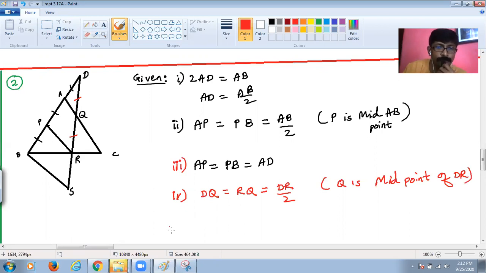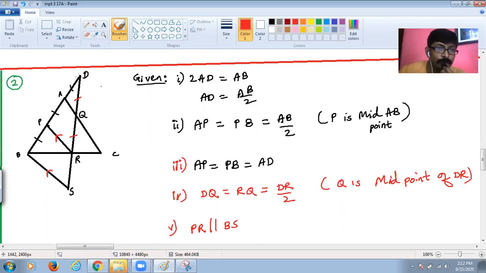Then what is the fifth part given to us? PR is parallel to BS. Now understand, guys.